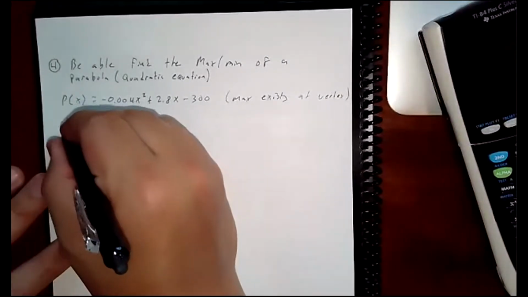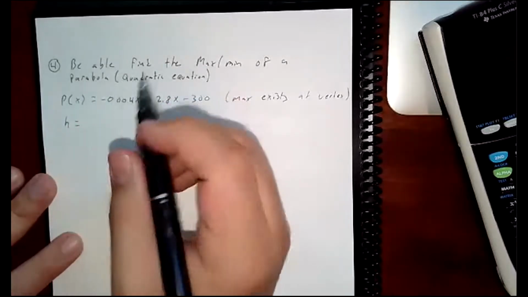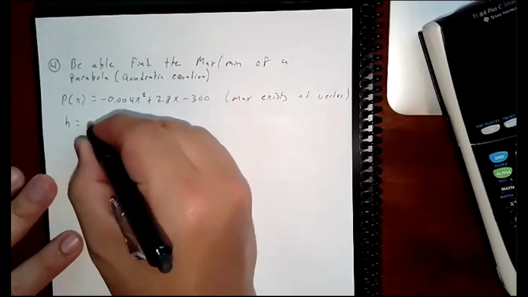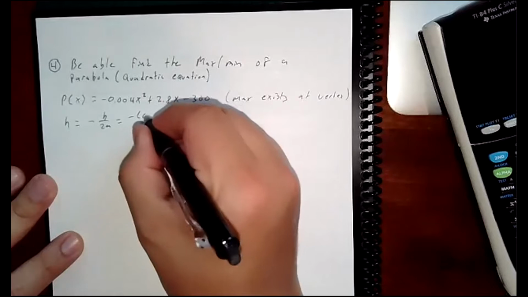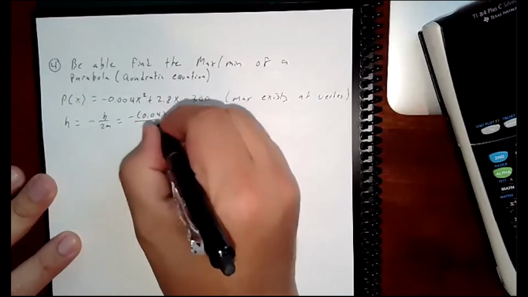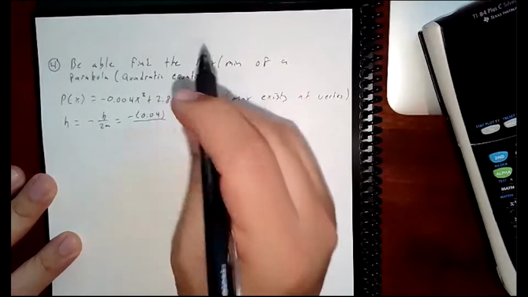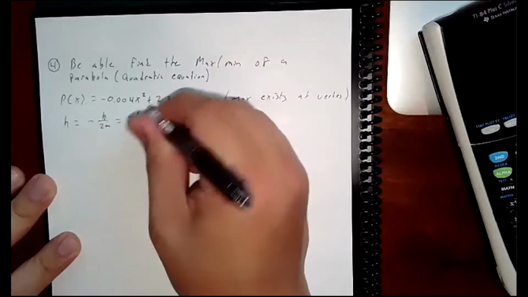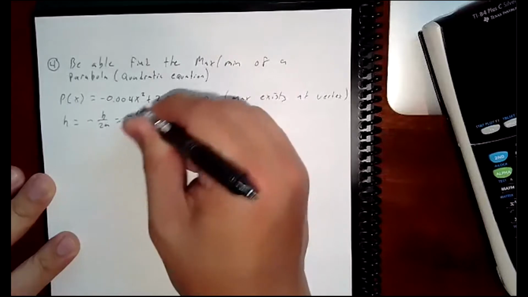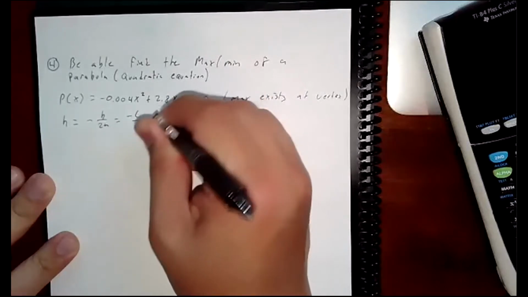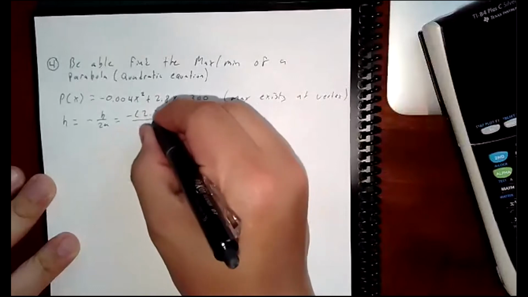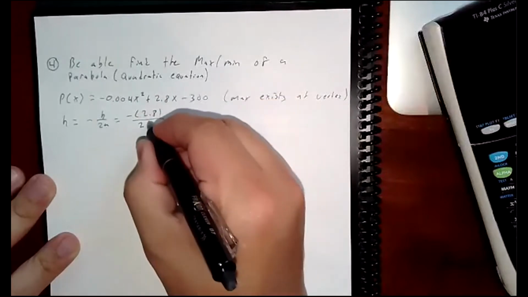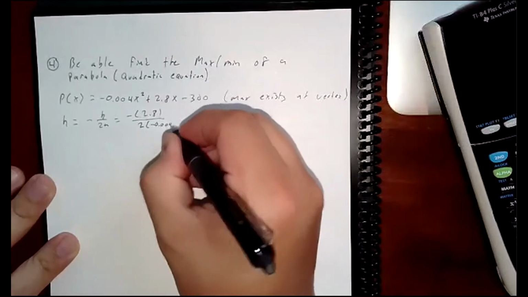The h value, or k or x value, however you want to think about it, would be negative b over 2a. Sorry, negative b is not what I said. It's negative 2.8 over 2 times negative 0.004.